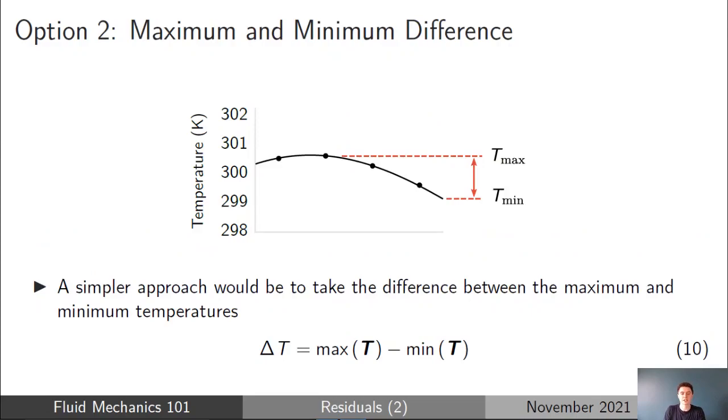Another way you could get a temperature difference is just to take the difference between the maximum and the minimum. If you have a domain where the temperature differences are all very similar, this would also give you a good representation of what the heat flux through the bar is.